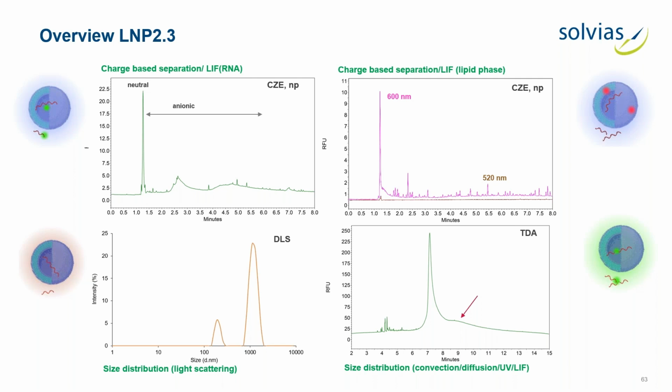But what does it mean? Are there LNPs present? Where is the RNA? And the DLS profile clearly shows where something is wrong. And with Taylor dispersion also we have no clear answer, it only looks really abnormal.